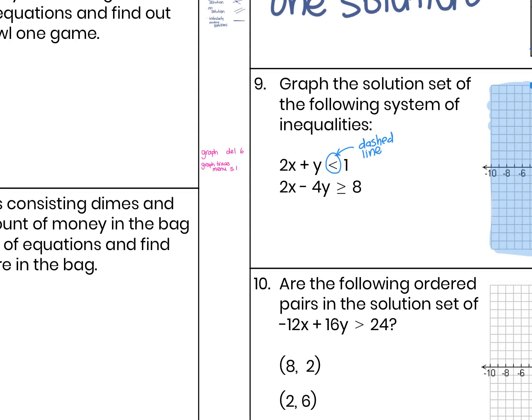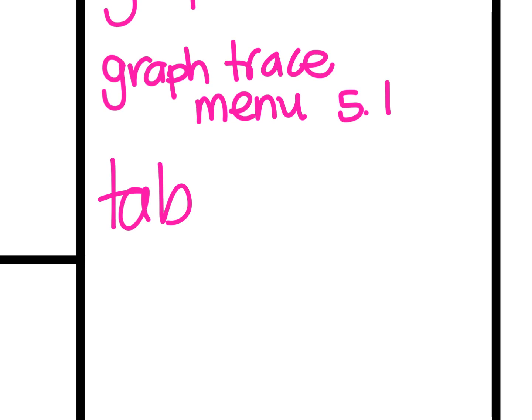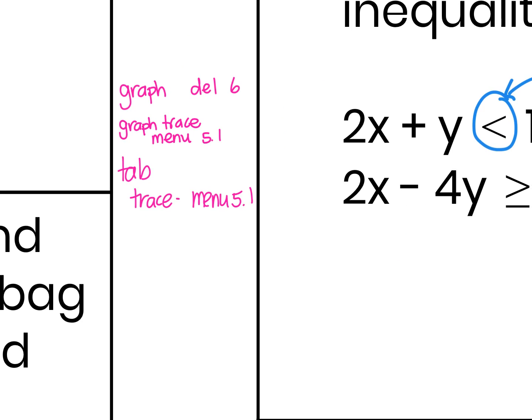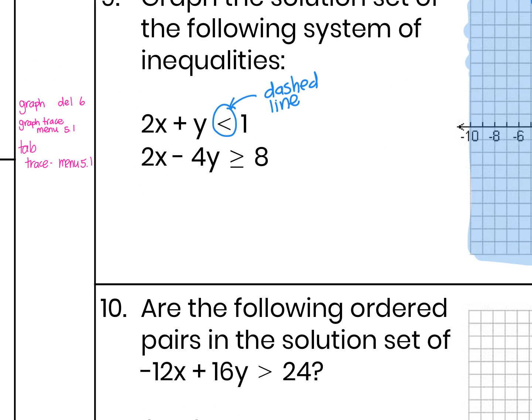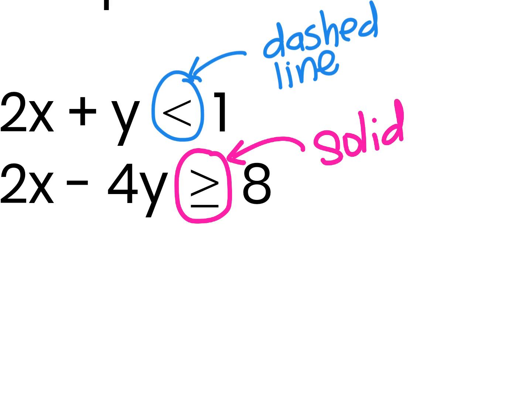Okay, in order to type in a second inequality, you're going to have to press Tab and then do the same thing. Graph it and then do Trace, menu 5-1. This time, there's a line underneath the symbol, so this is going to be a solid line.